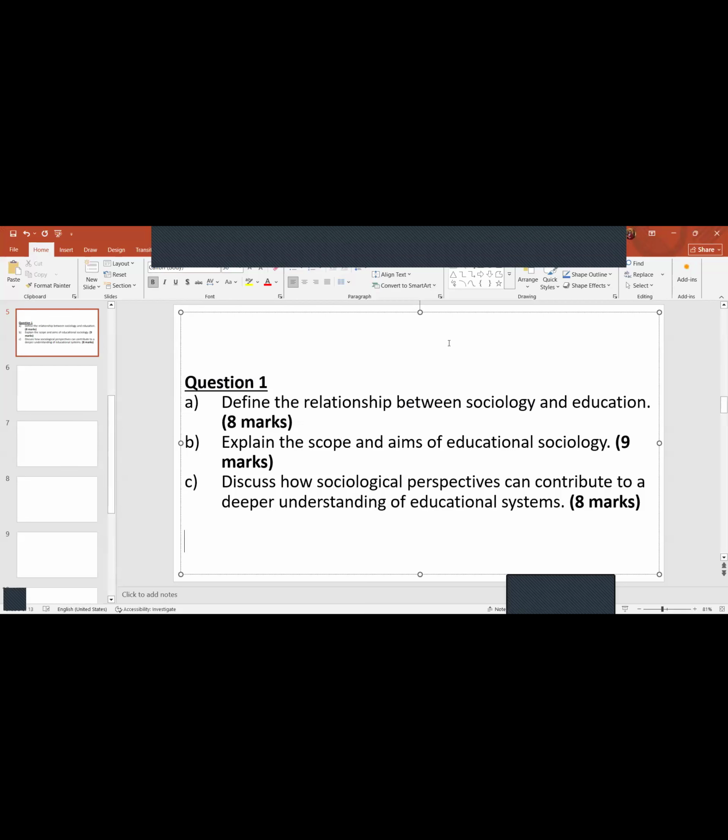Define the relationship between sociology and education. You have to explain it, and the answers should not be very lengthy, because under this question there are three sub-questions. Explain the scope and aims of educational sociology.